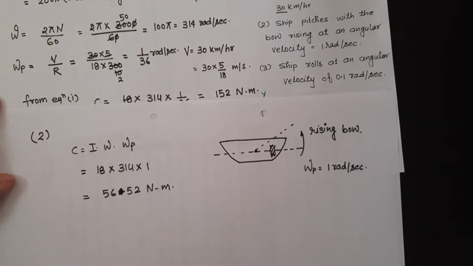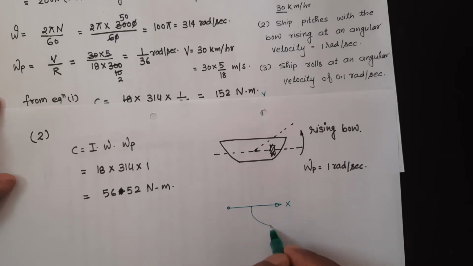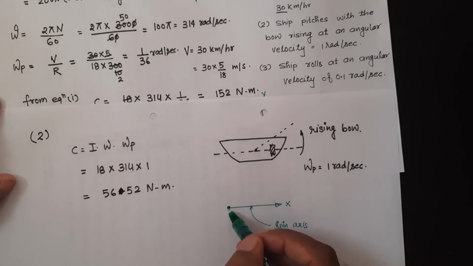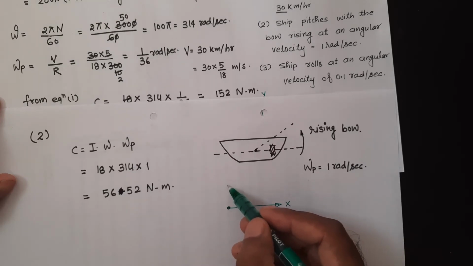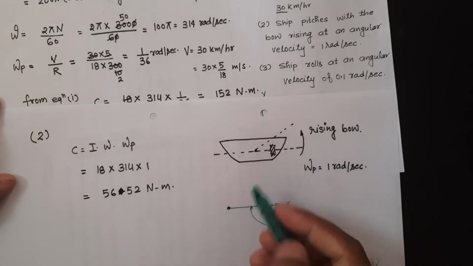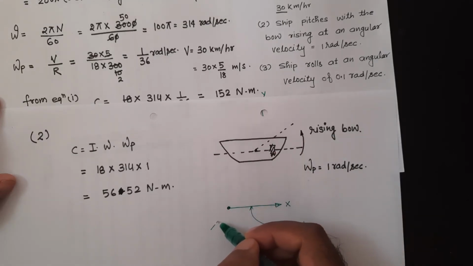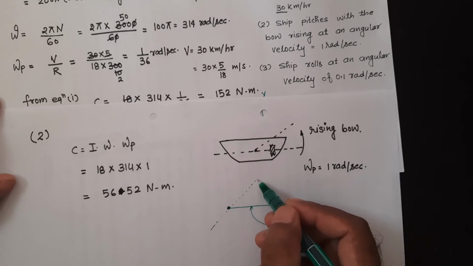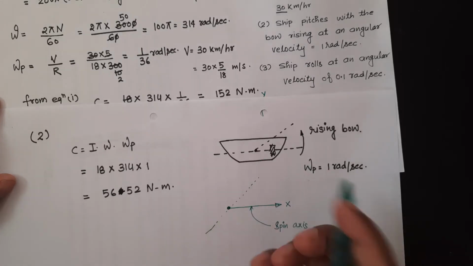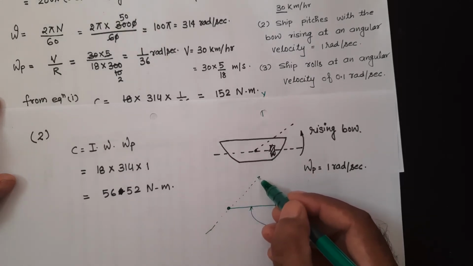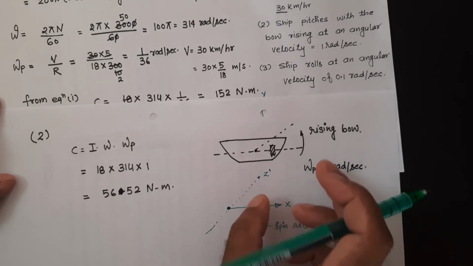So again, draw the spin vector. The spin vector will be on the positive x-axis as in the previous case. So this is your spin axis. Now the precession is vertically upward, so precession will be on your z-axis, on the positive z side, z dash.